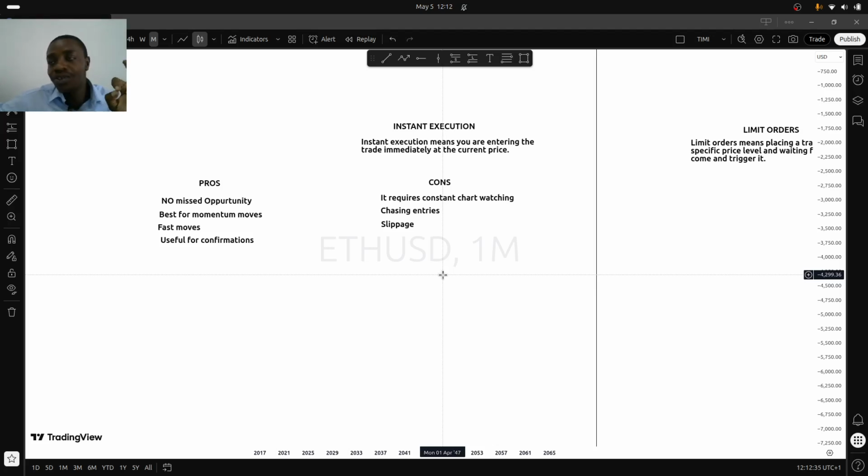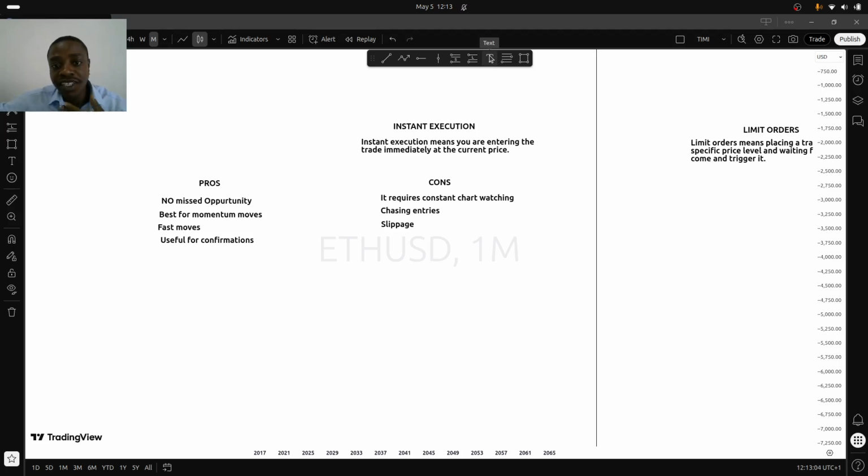Let's say you click a buy at 1,200 and then the market executes your buy at 1,500. So you're already in loss, right? Slippage usually happens a lot of times, especially when the market is very, very volatile and you just click your entry. So you should be aware of slippage, because you are most likely to get affected by it.